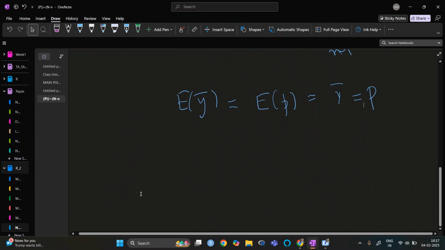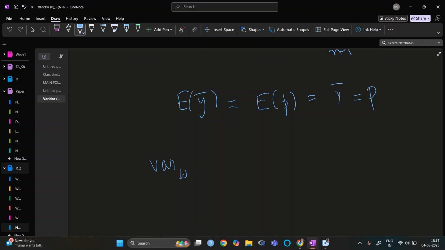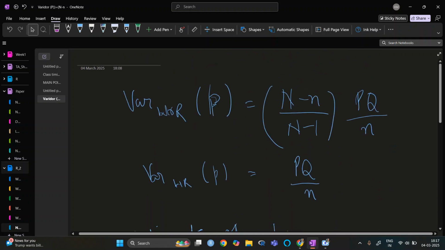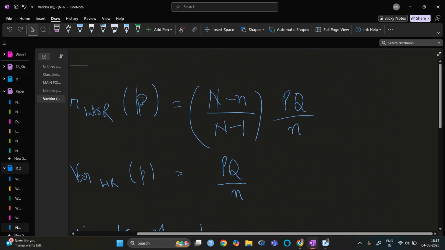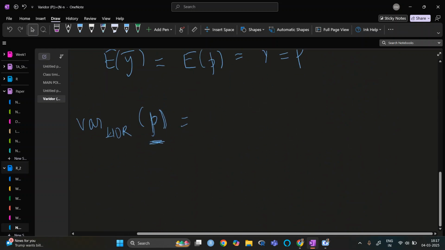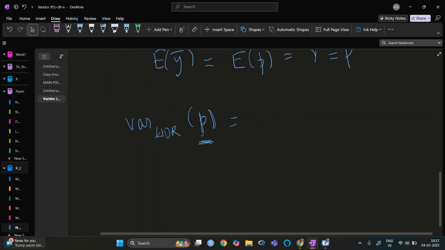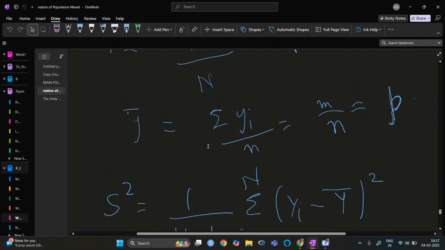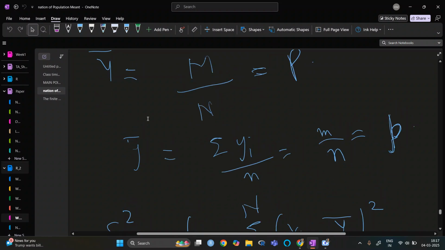For the variance part, if we want to find the variance of this P, what is this P? Let me write it here. This P is basically a small y bar because this is the sample mean.